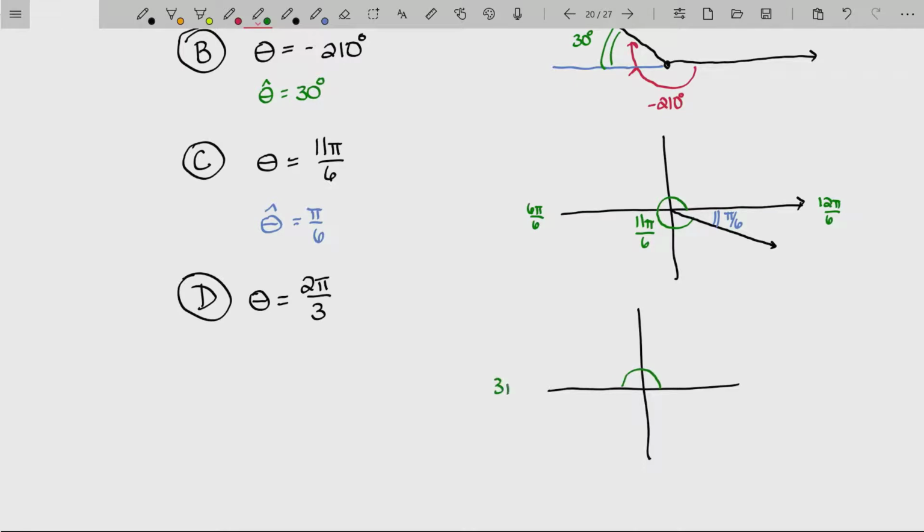Remember, this is 3 pi over 3 right here. So we're just shy of that. We're shy of that by how much? This was 2 pi over 3, that's the angle in radians. And we're shy of 3 pi over 3 by a single little pi over 3. So our reference angle must be pi over 3.